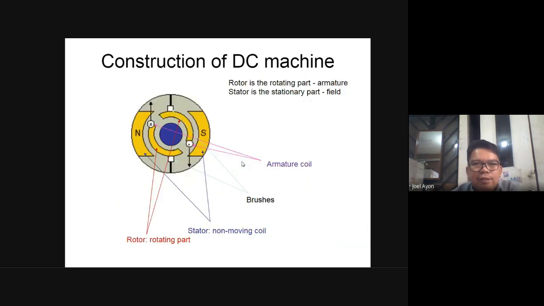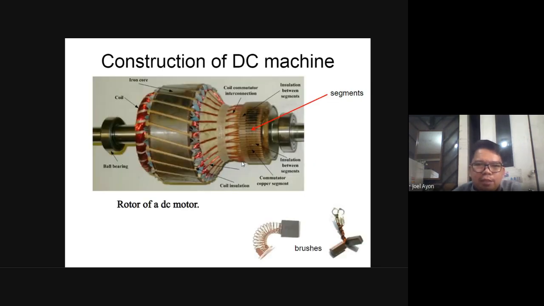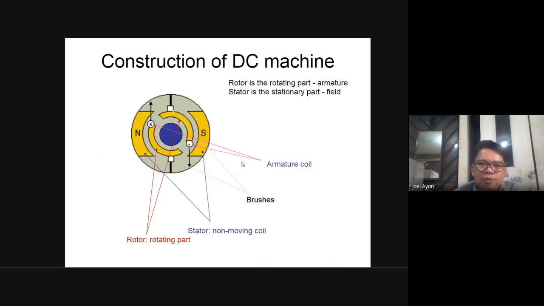So, let's continue. Again, this one is the schematic diagram, while the other is the pictorial diagram. Take note of the difference between a pictorial diagram and a schematic. Pictorial comes from the word picture, so an actual picture is a pictorial diagram, and this one is the schematic diagram.